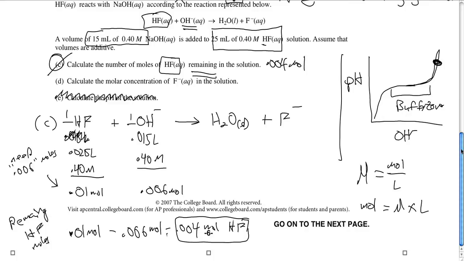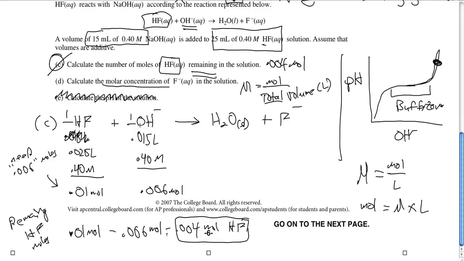Okay, that's fine for that. I kind of walked you through that. Now they're asking you to calculate the molarity of the F minus ions in the solution. I'm going to give you hints on this one and let you figure this out on your own. My big hint is molarity equals moles over total volume in liters.